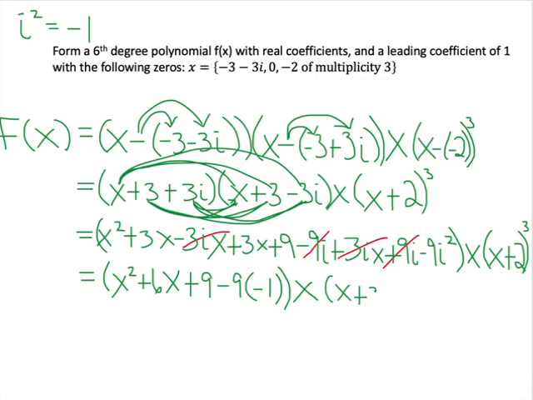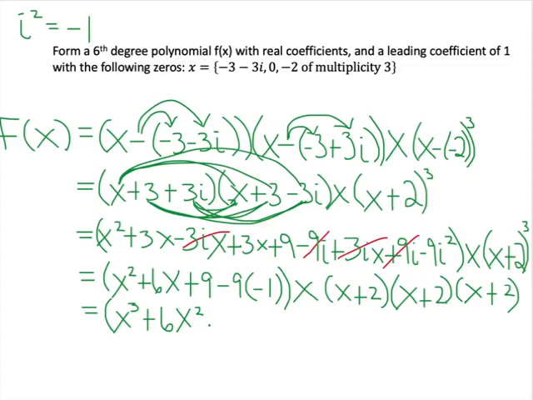I'm going to do that as x plus 2 times x plus 2 times x plus 2. I'm going to go ahead and distribute this x in here. So x times x squared, I have x cubed. X times 6x, I have 6x squared. And then I have plus 9, and then this is plus 9.